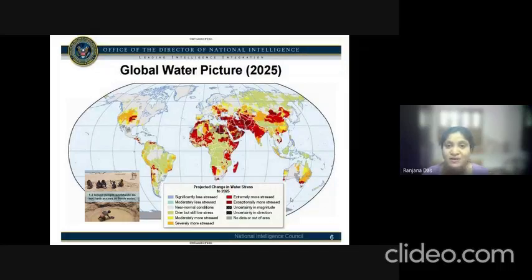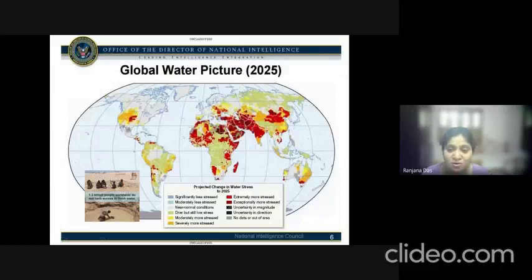As per the Director of National Intelligence, this is the picture of the global water scenario, where these red zones or dark shaded portions mainly indicate the extremely stressed and exceptionally stressed regions. Obviously, some parts of India are also in this region. So this is the water stress level already reported by the Director of National Intelligence.